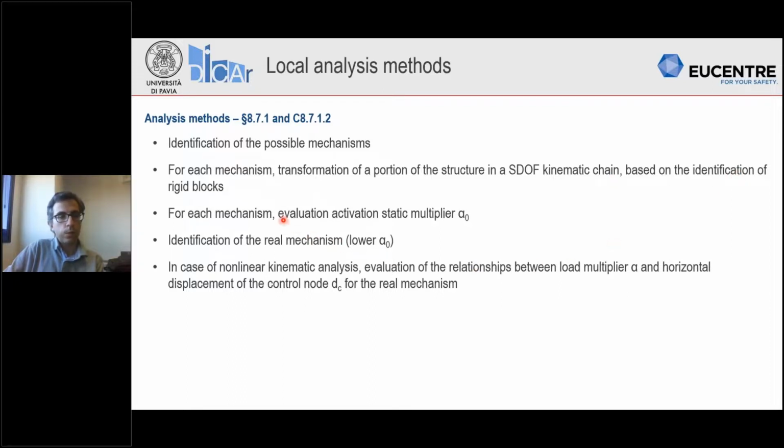For each mechanism, we then have to calculate the load multiplier alpha 0 corresponding to the activation of the mechanism. We then have to minimize alpha 0 in order to identify the real mechanism. In case of the nonlinear analysis, we also have to evaluate the relationship between the load multiplier alpha and the control node displacement.